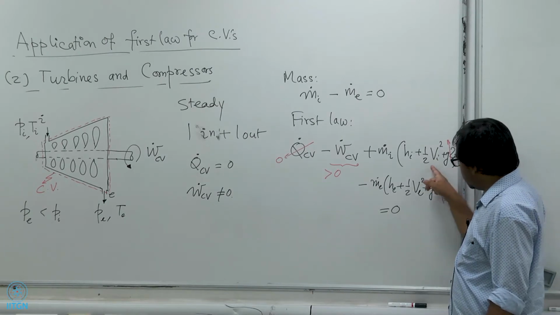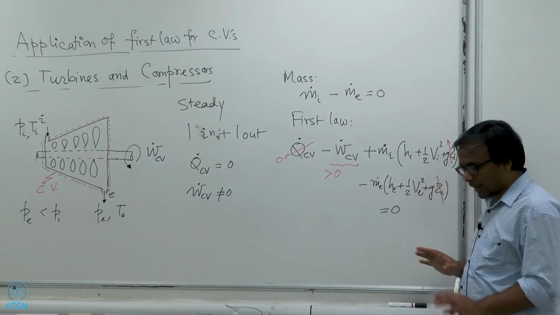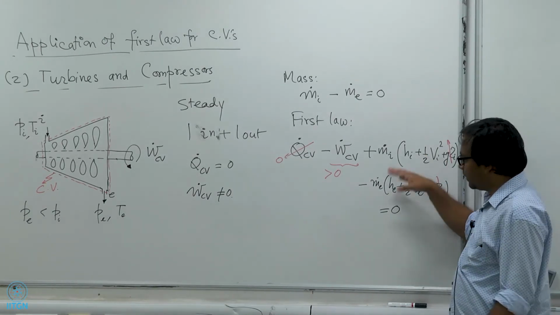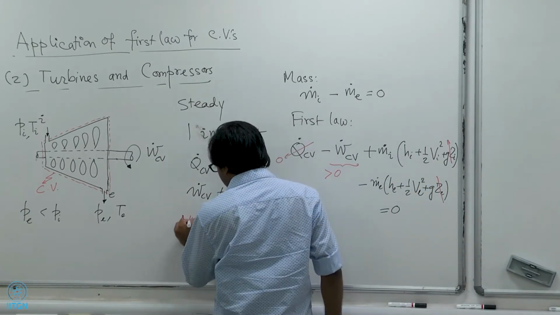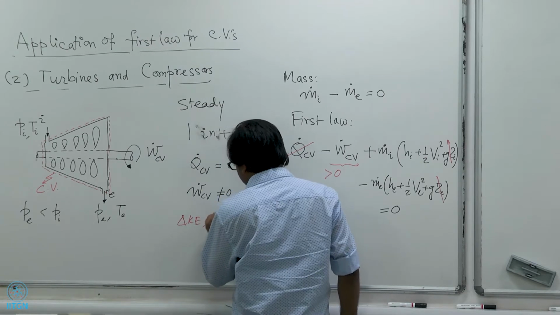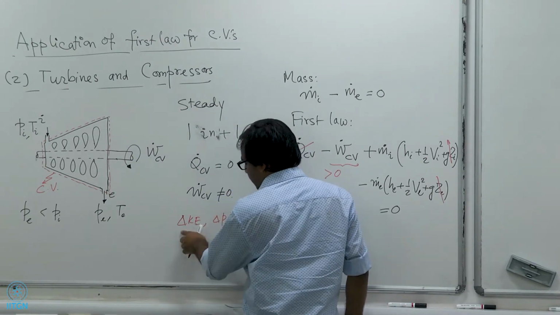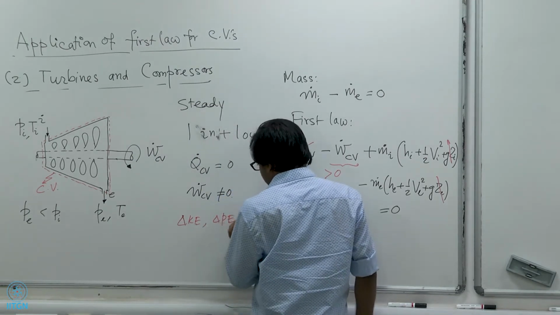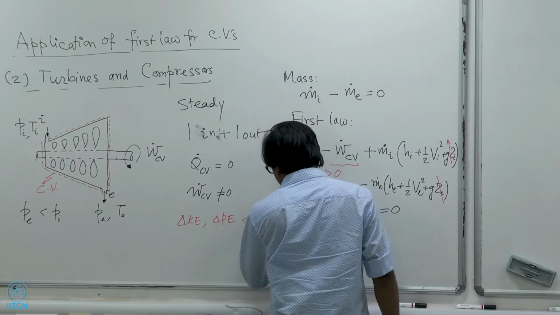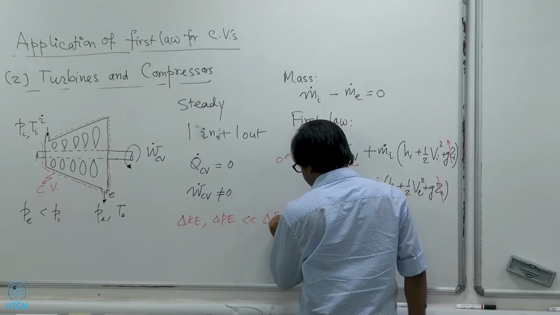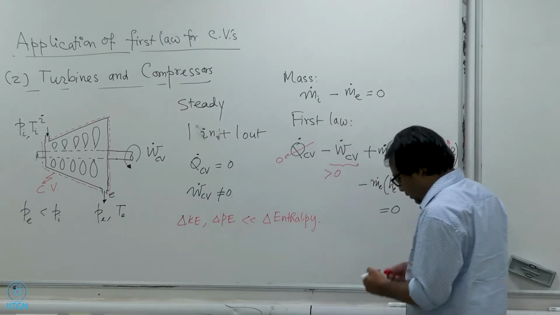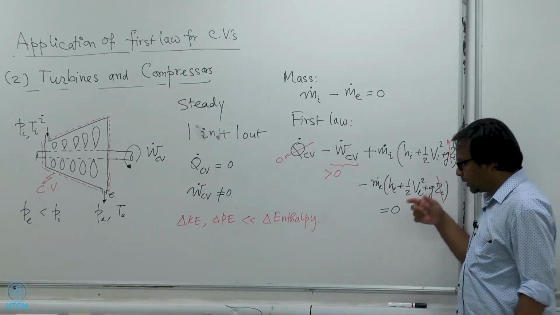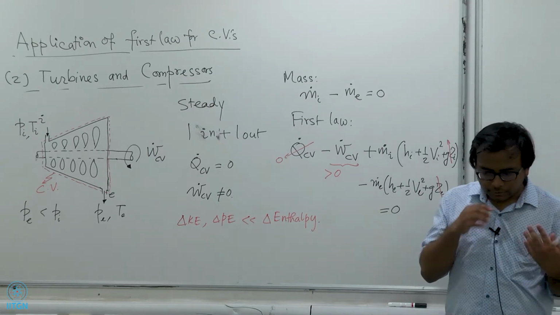So these changes in kinetic and potential energy can be safely neglected as compared to the change in enthalpy. I can write that delta KE and delta PE, the kinetic and potential energy changes, are much smaller than delta enthalpy in a turbine, and this is practically true.